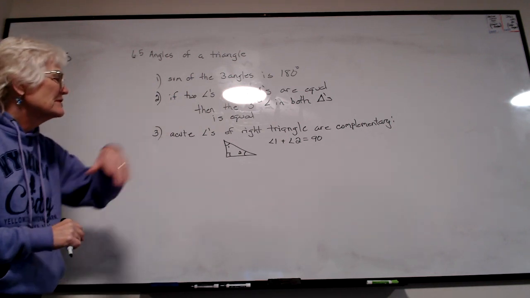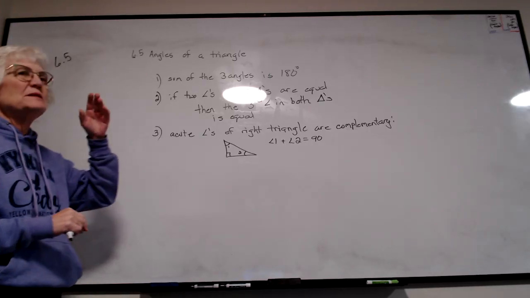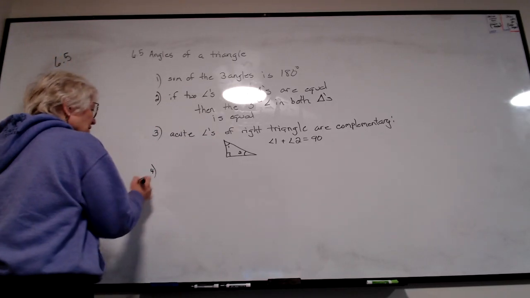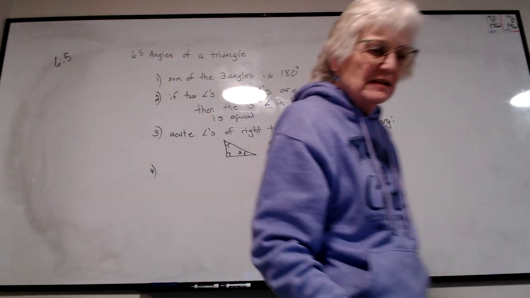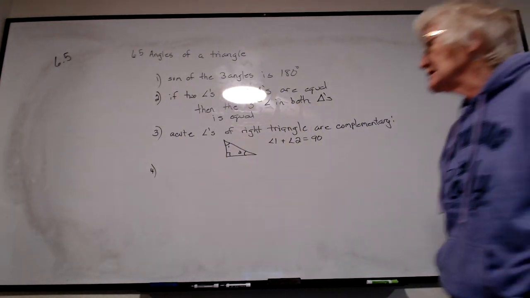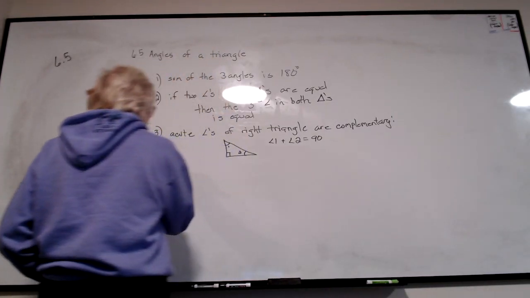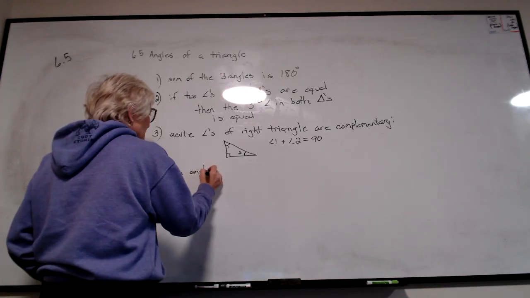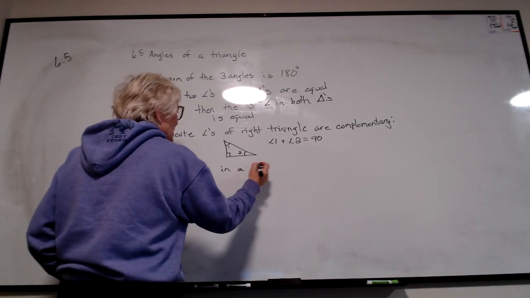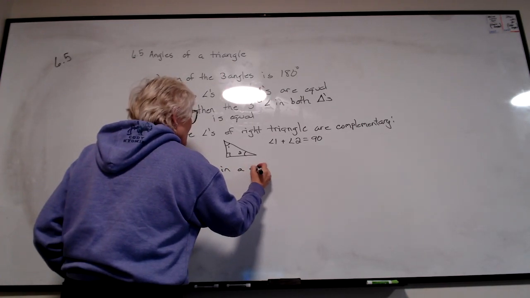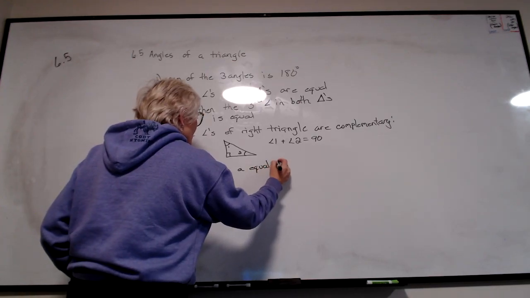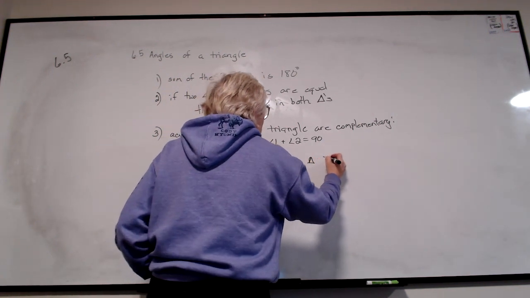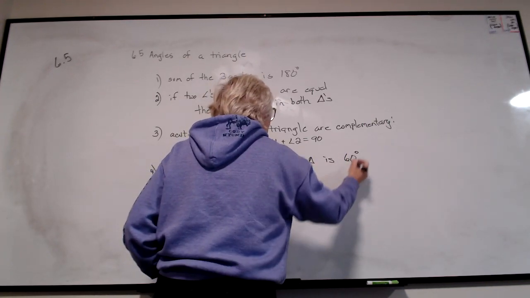I drew the picture because it's kind of easier sometimes to see on pictures than it is to read the words. Okay, so the next one is, oh yeah, this one's easy. Each angle in an equilateral triangle is 60 degrees.